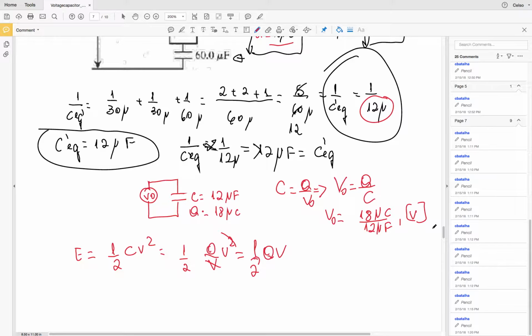And once you combine the parallel ones, in parallel the charge can be different. I'm just saying that in this particular problem, you had capacitors that were in parallel, but once you combine them, it becomes basically a series. Yes, in fact, this is a good point. Let me go back to where we were.